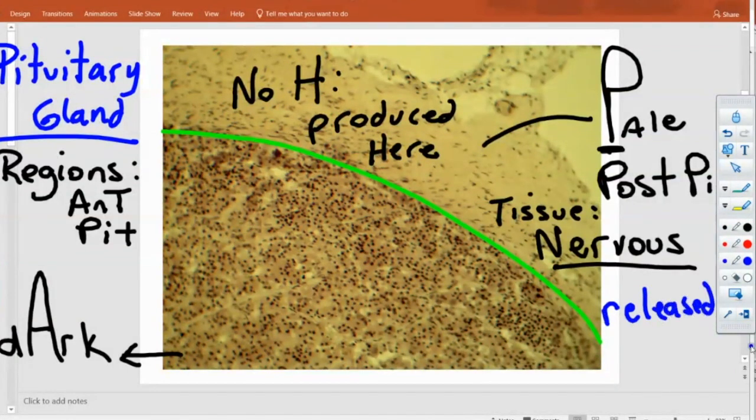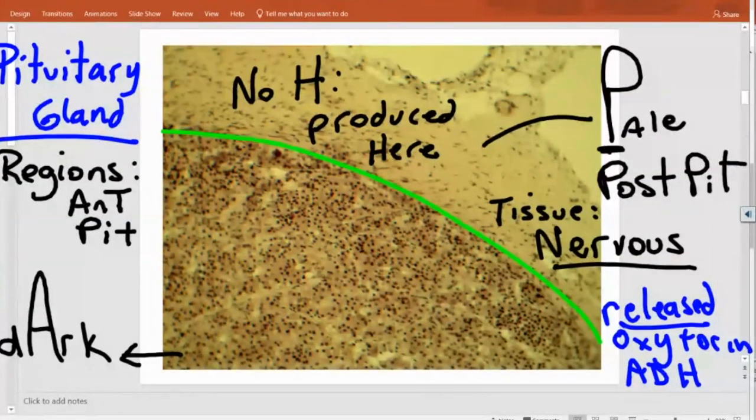There are two hormones, however, that are released from here. What are the two hormones that are released from here? Nice. Oxytocin and ADH. There you go. Oxytocin and ADH. And how many hormones were made by these cells? 6.